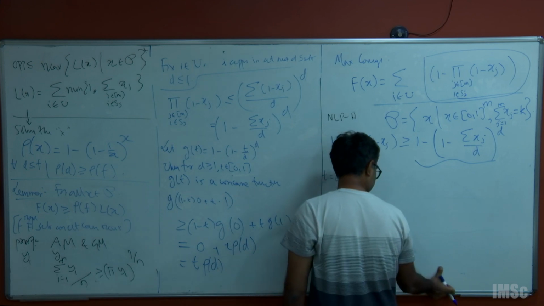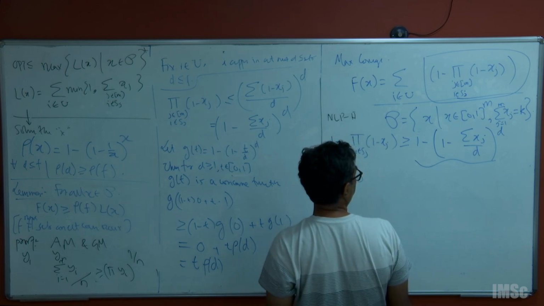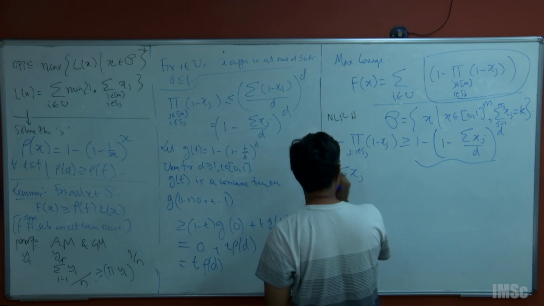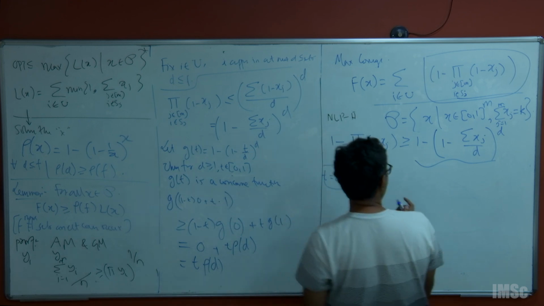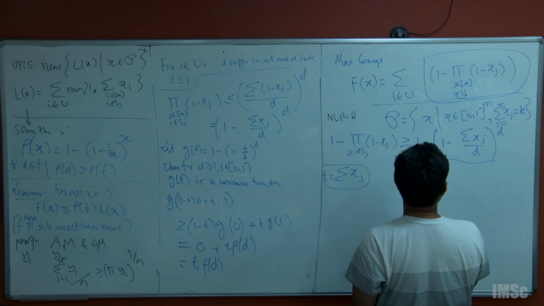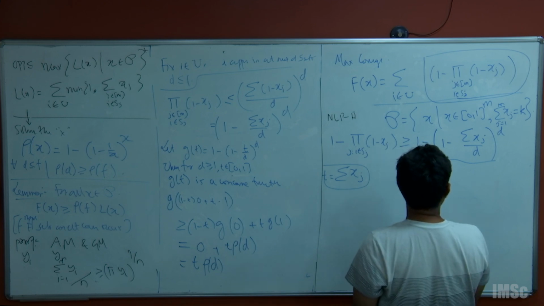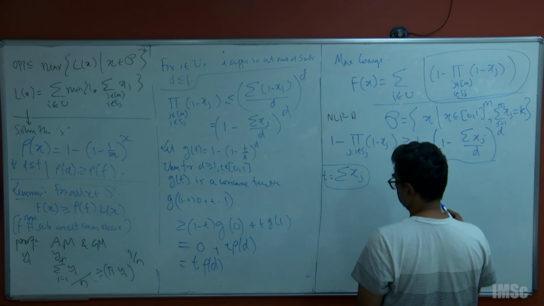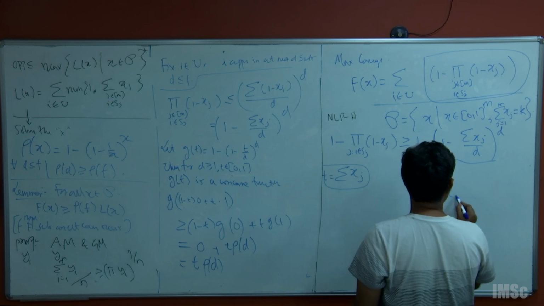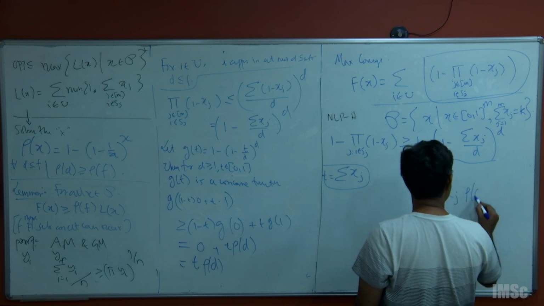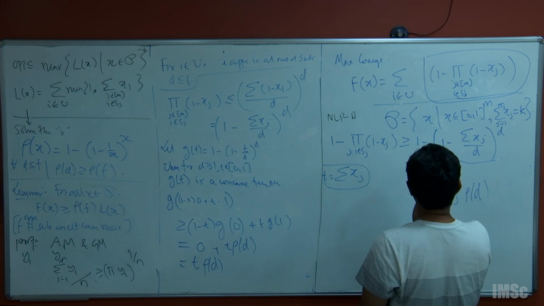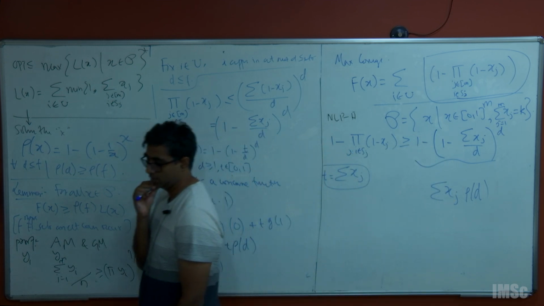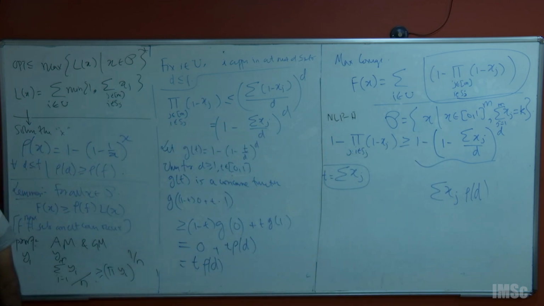Is that fine? Yeah. Okay, then what happens if this is equal to t? If I wanted to use this, and suppose we were able to do this, then what can I conclude from here? Then I could have concluded that the right hand side is equal to GT. This is summation xj times rho of d. Is that fine? If I could apply this, is that correct? Yes. If I could apply this, then I can show this.